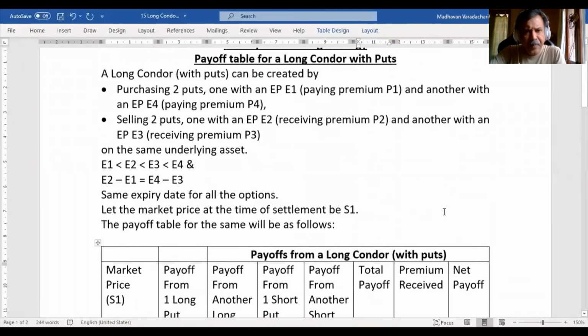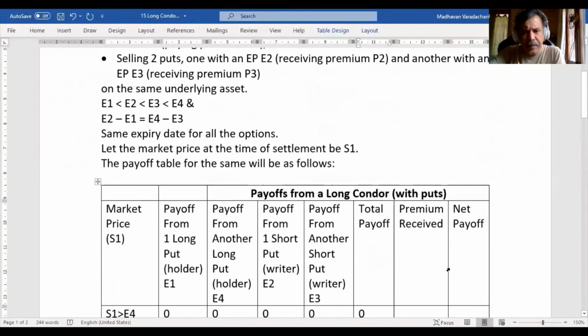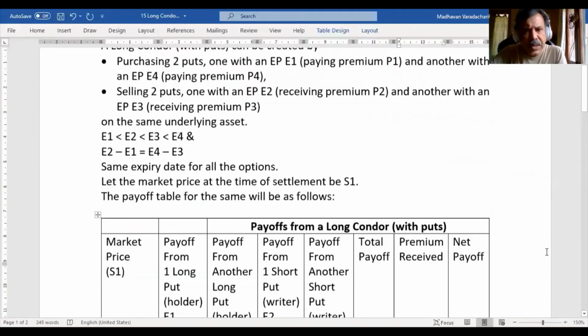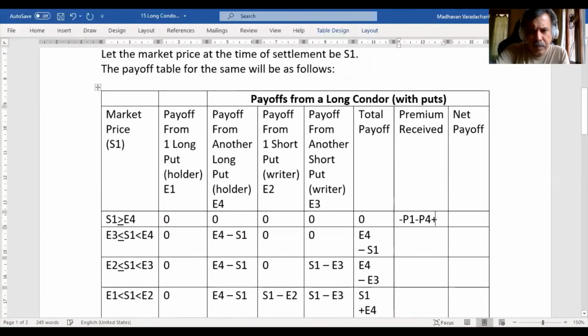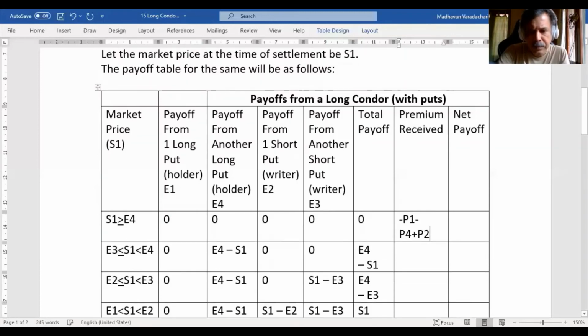And then premium. Here you are paying, so minus P1 minus P4, and then you receive by selling two puts, P2 plus P3.